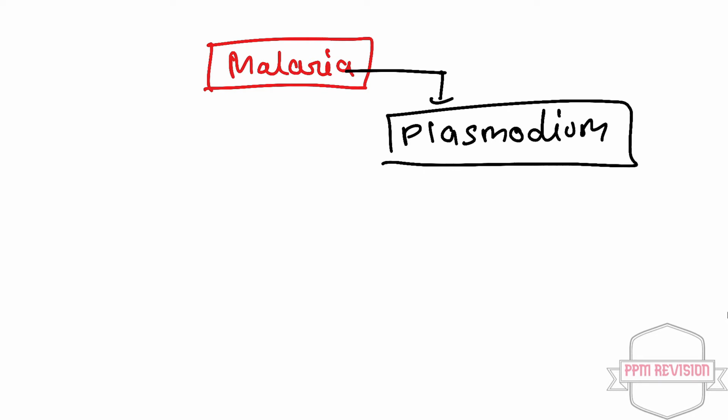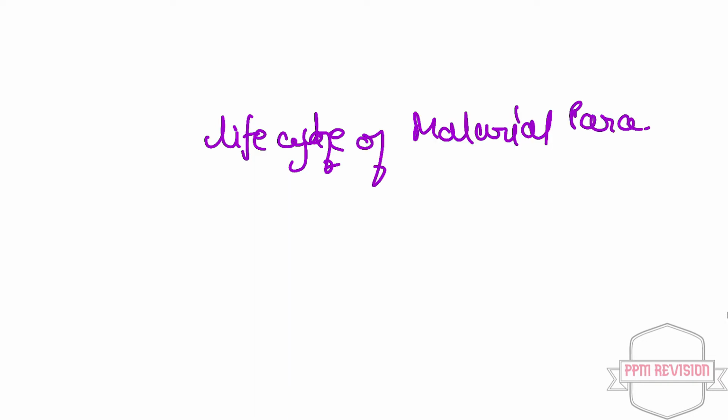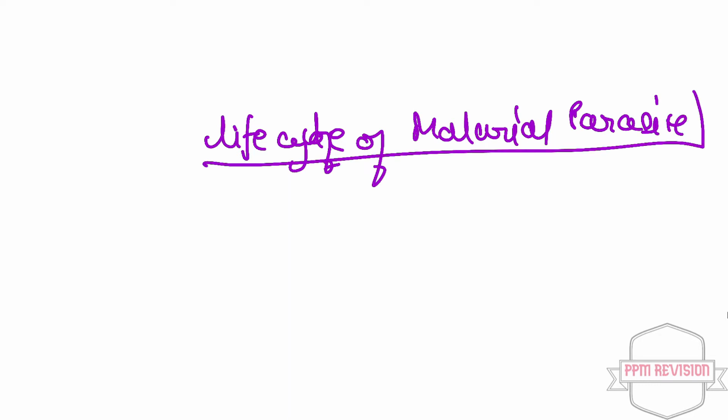Before going any further, I'll quickly discuss how the life cycle works. So here you have the life cycle of the malarial parasite. These are small and easy topics, so I'll be going fast.